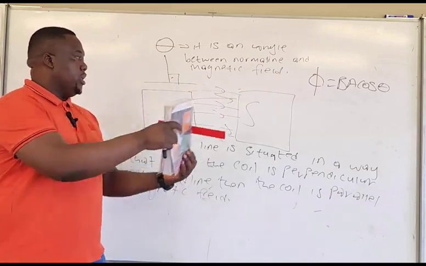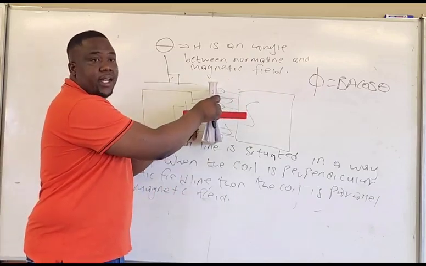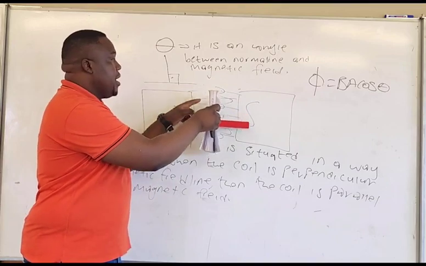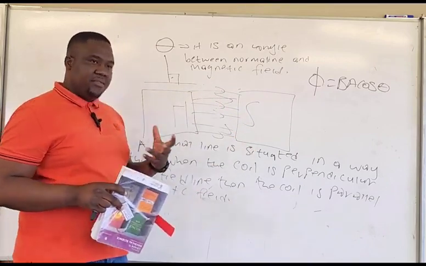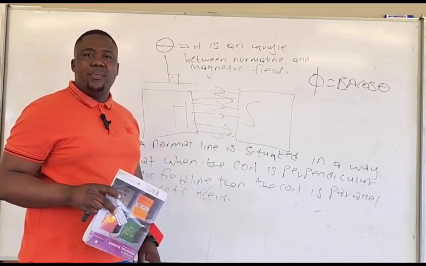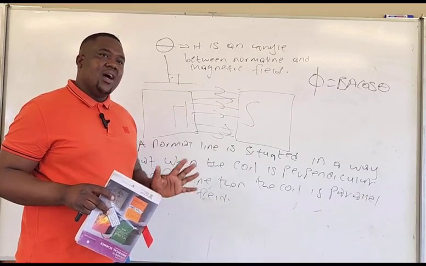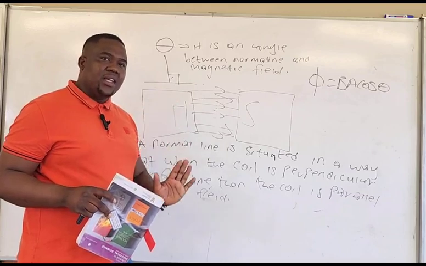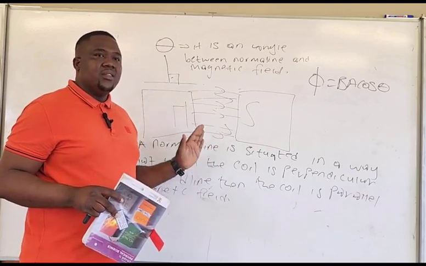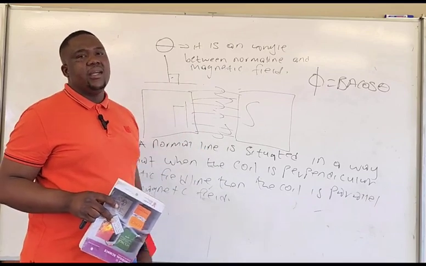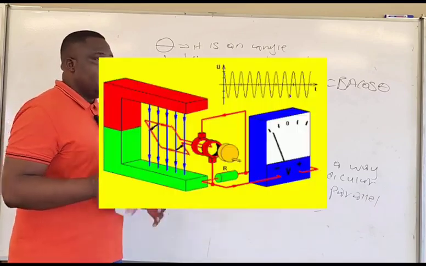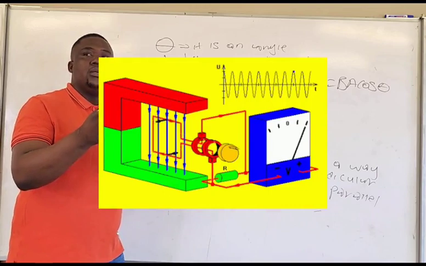But when the coil turns, we're going to have the opposite. Generally, we were supposed to put the book inside the two magnets. You know that the coil moves between two magnets and within them in that space.